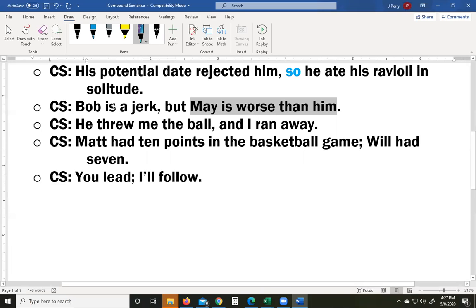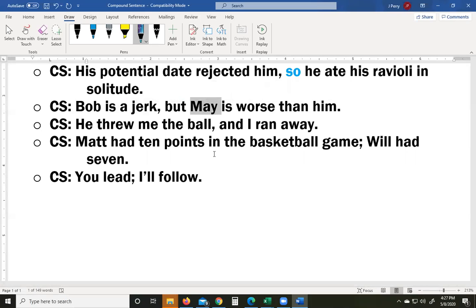So Bob is a jerk. It's simple sentence number 2 in its purest form, because Bob is our subject, is our linking verb, and a jerk definitely renames Bob. And May is worse. Worse is an adjective. Worse describes May. Okay, so we've got 2 simple sentences number 2 right there, but you don't have to necessarily do that.